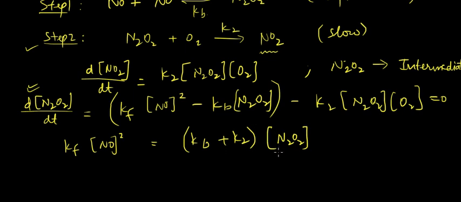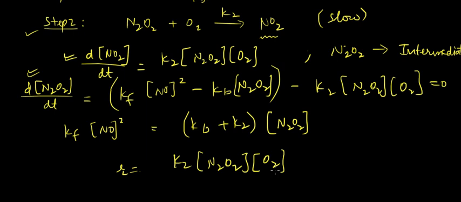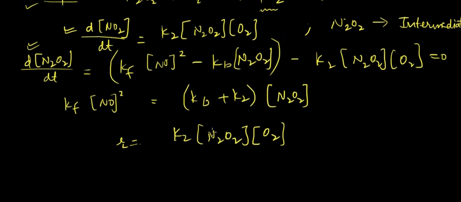Okay, so we already know that rate of the reaction is equals to K2 times N2O2 into O2. Just putting the values here, this would be equals to K2 times, what is the value of N2O2?